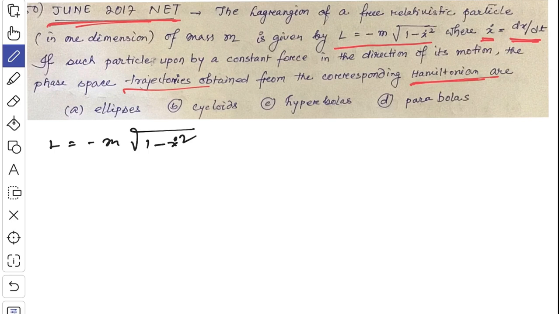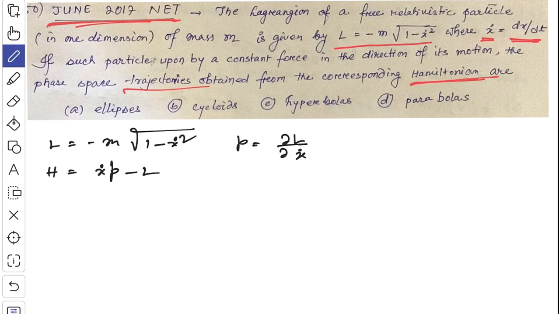So we know Hamiltonian that we have already got in the previous problem. Here you see that we have solved already, x dot p minus L. So p is equal to, we know, del L by del x dot. Remember this. If you don't know, then remember this.